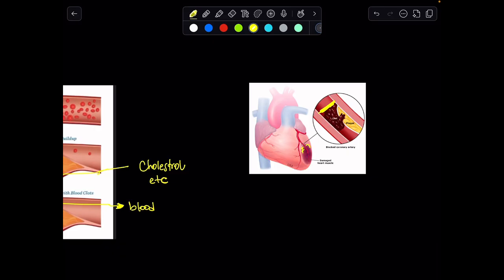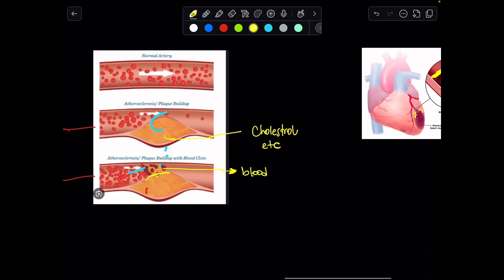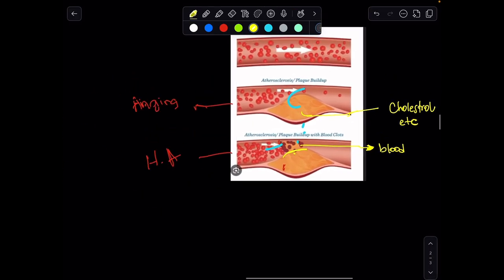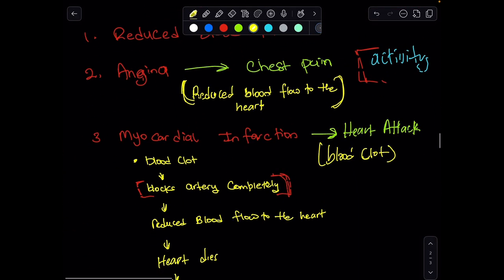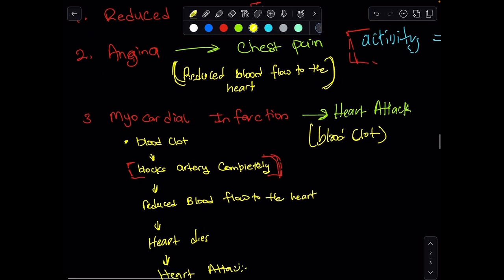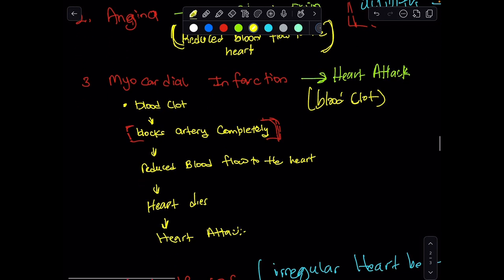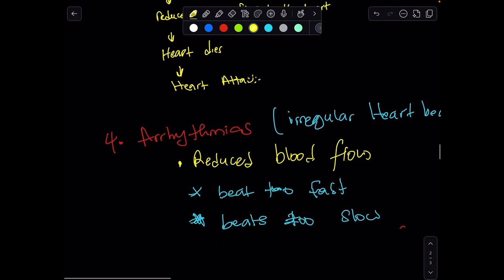And that clot can cause blockage of the entire artery. So in comparison to here, you have some blood flowing through, but here nothing. Because there's nothing, the heart is not getting any blood, and so it dies because it's not being nourished. It dies, and that's what a heart attack is.